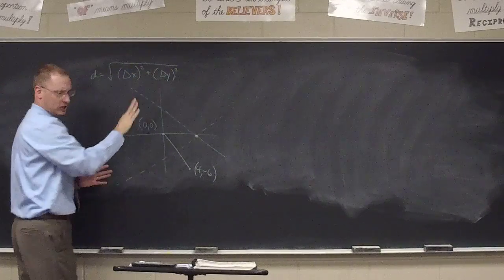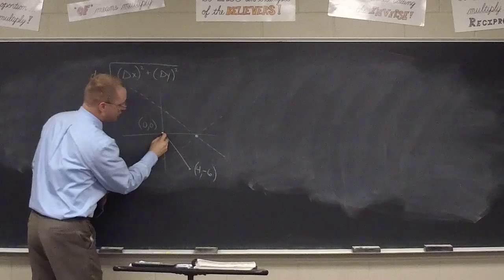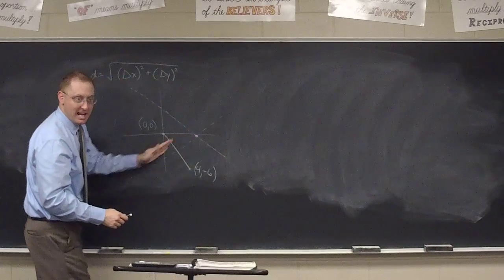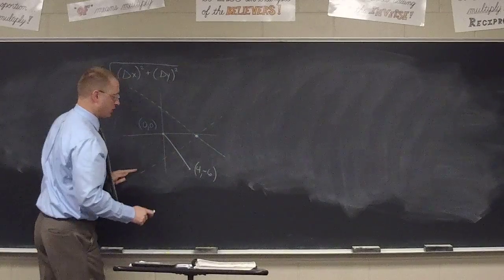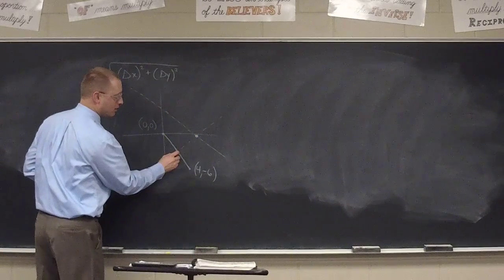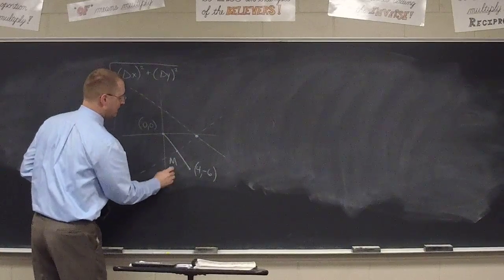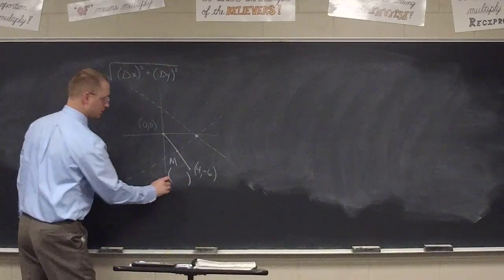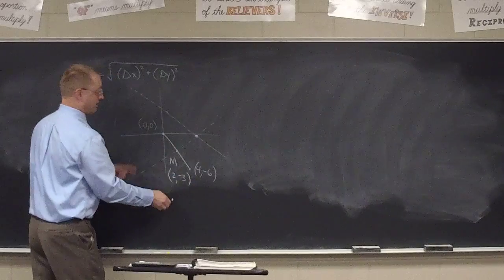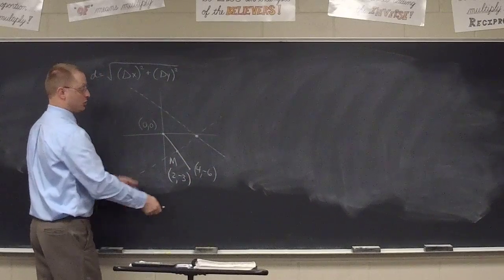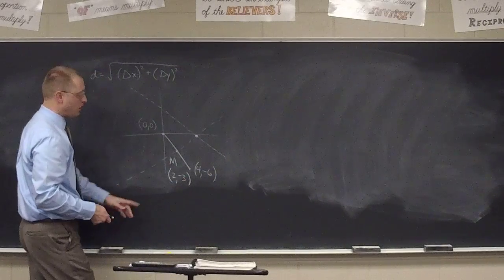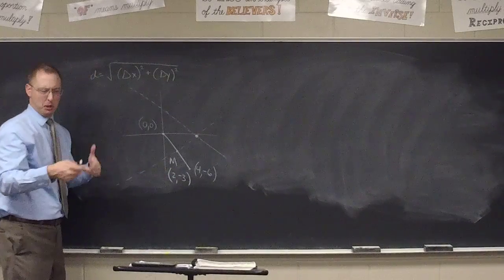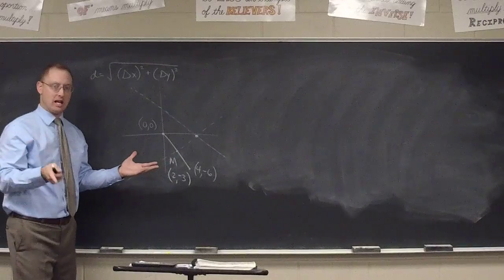Right, we could do all of that, but I want the perpendicular bisector, correct? Well, if it's the bisector, class, that means it goes through the midpoint. Well, what is the midpoint? (2, -3), right? A sum of the x's divided by 2, sum of the y's divided by 2. So it goes through (2, -3), and it's perpendicular. Perpendicular, what does that mean? Negative reciprocal slope.